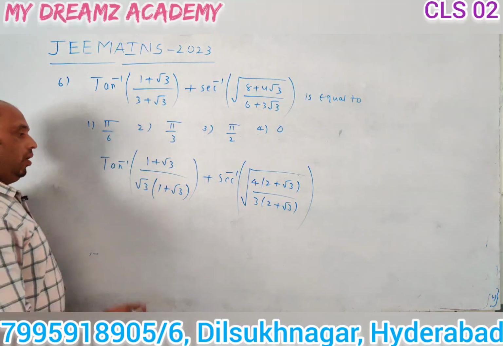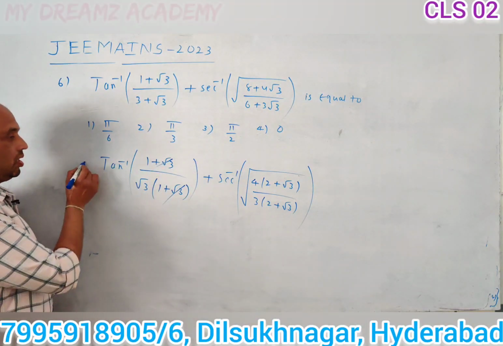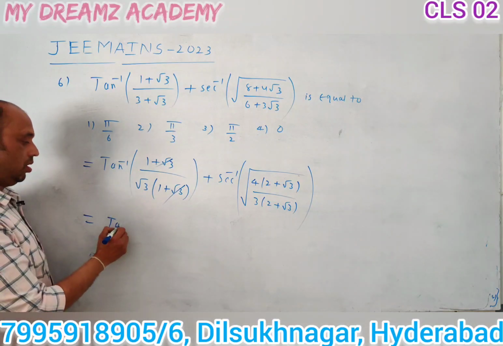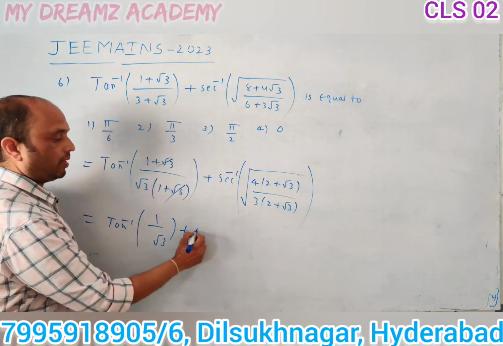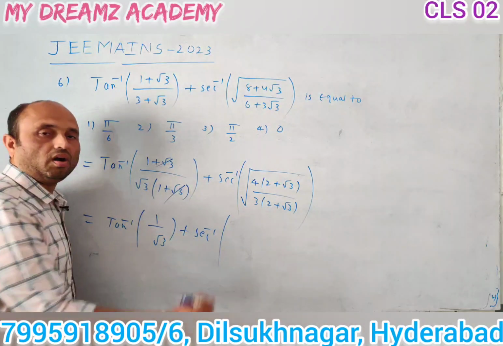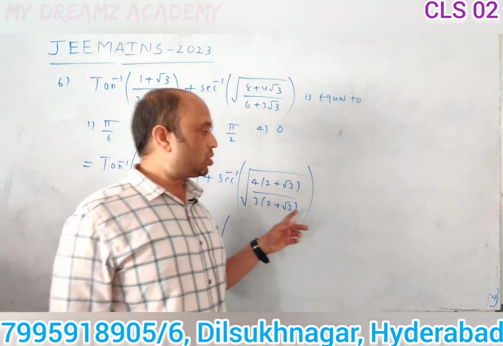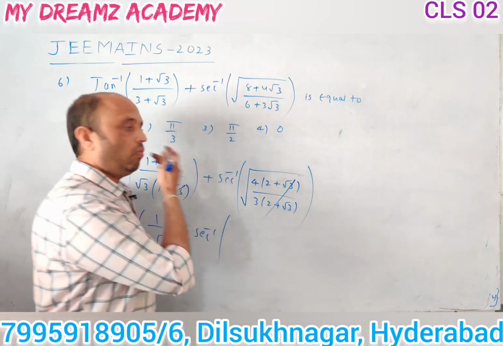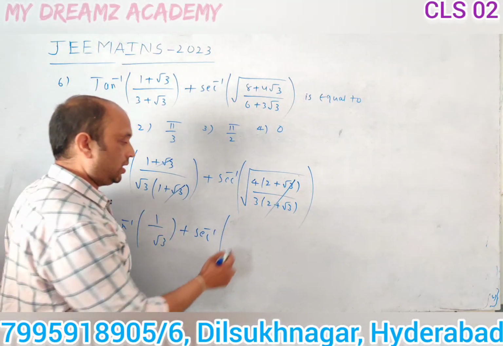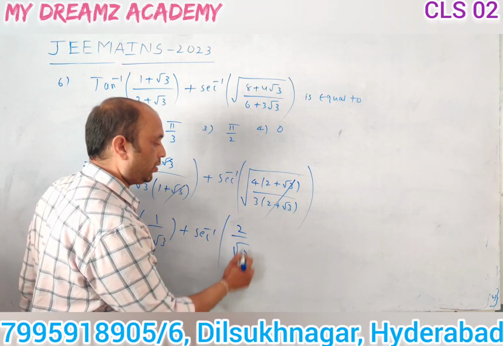Now these terms get cancelled, so we get tan inverse of 1 by root 3 plus secant inverse of root 4 by 3, that is 2 by root 3.